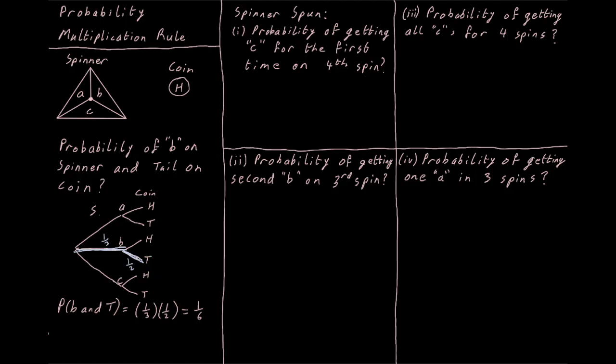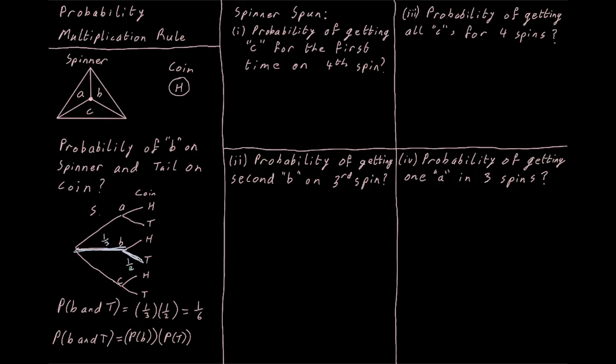So what I can see is the probability of getting B and a tail ends up being the probability of getting B multiplied by the probability of getting a tail. That turns out to be the meaning of my argument that I used to get my sixth.